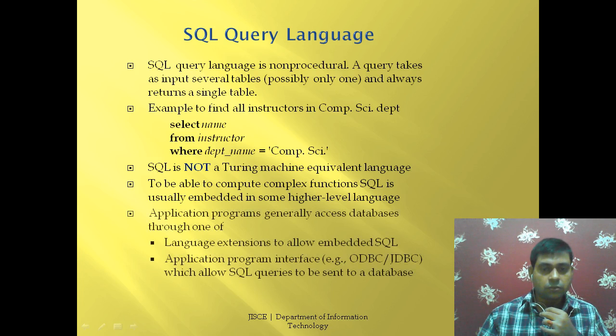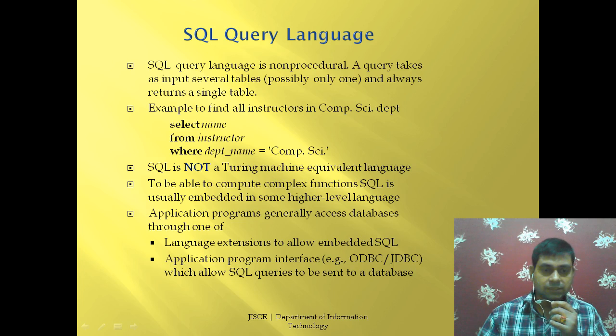Now there are some more complex things that we need to understand in a nutshell here, not in detail. Application programs generally access databases through one of the language extensions that allow embedded SQL.